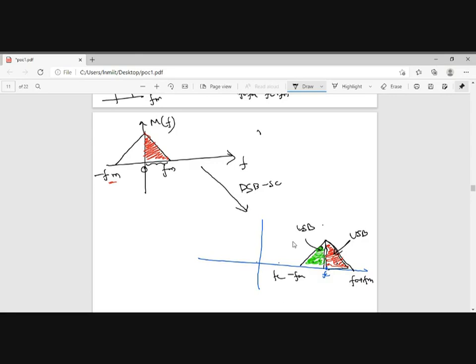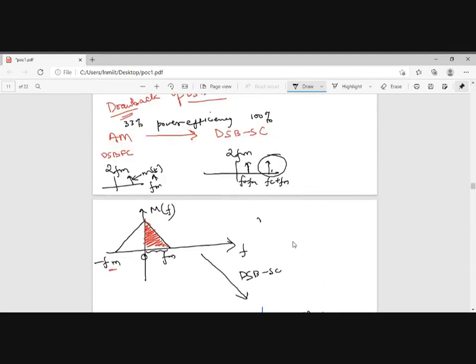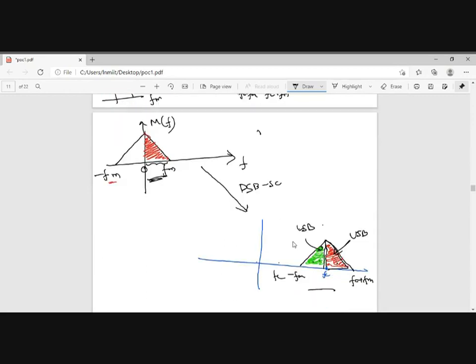Okay, so यहाँ पर हम लोग स्पेक्ट्रम बर्बाद कर रहे हैं. 2FM, FM होना चाहिए था, we were transmitting FM, but because of the modulation, this spectrum has been spread to 2FM. MT का जो स्पेक्ट्रम था, उसकी जो बैंडविड्थ थी वो सिर्फ FM थी. ओके, बट मॉड्यूलेशन की वजह से उनकी जो बैंडविड्थ हो गई वो हो गई 2FM, and that means we are wasting FM part of the spectrum.